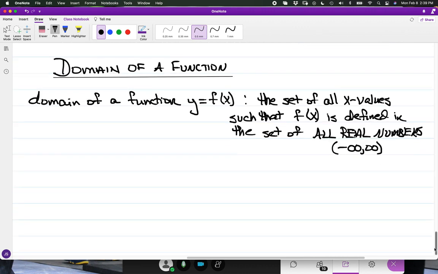And for the domain of a function, say I'm looking at determining the domain using interval notation.